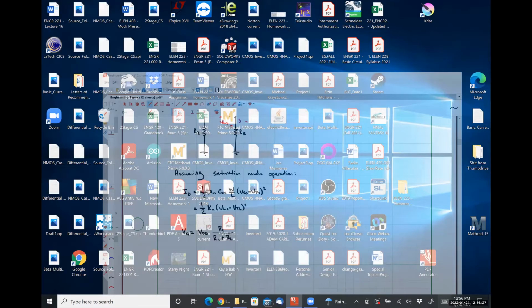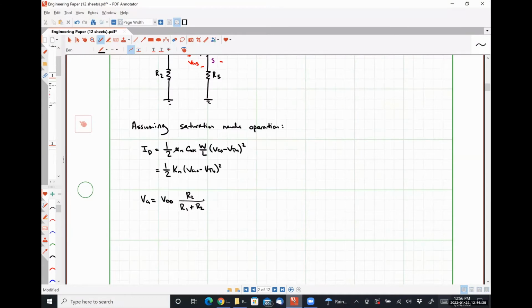So using KVL, we have VG is equal to VGS plus ID times RS.